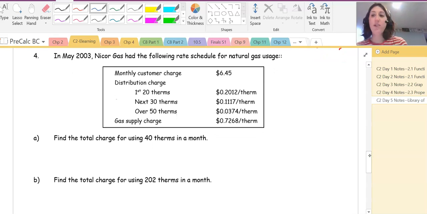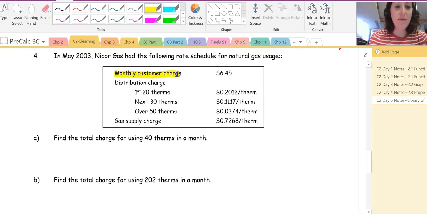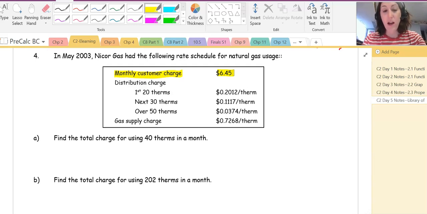Last thing we're going to do is look at how to write a piecewise function definition from a situation. So in May 2003, Nicor Gas had the following rate schedule for natural gas usage. You have a monthly customer charge of $6.45, and then you have a distribution charge. So depending on how much you use, you're going to pay a certain amount.